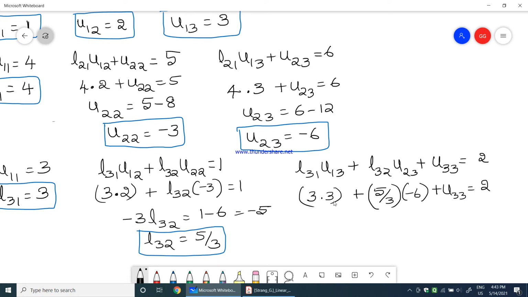Therefore 3 3s are 9, and the 3 cancels, 5 into 2 is 10. So 9 minus 10 is minus 1, plus U33 equals 2. So U33 equals 2 plus 1, therefore U33 equals 3.